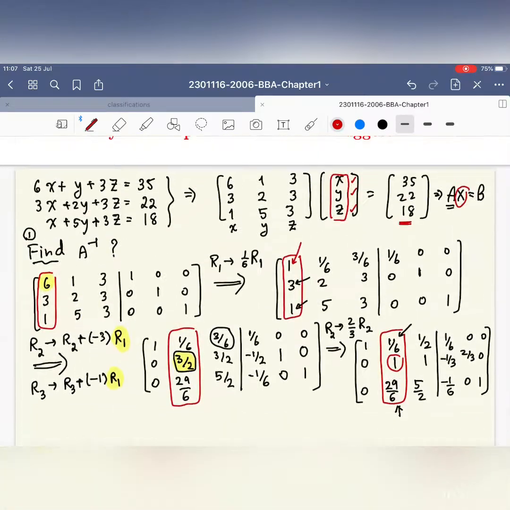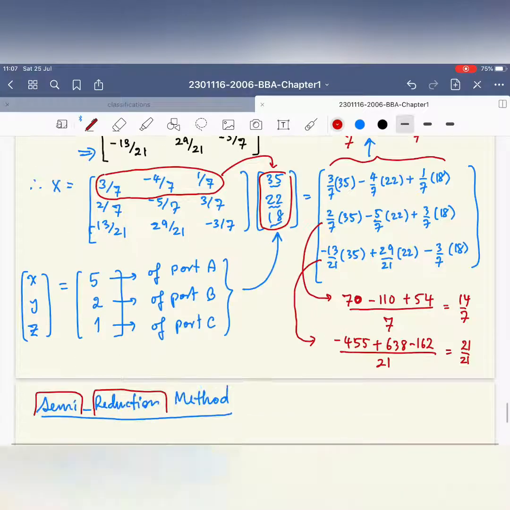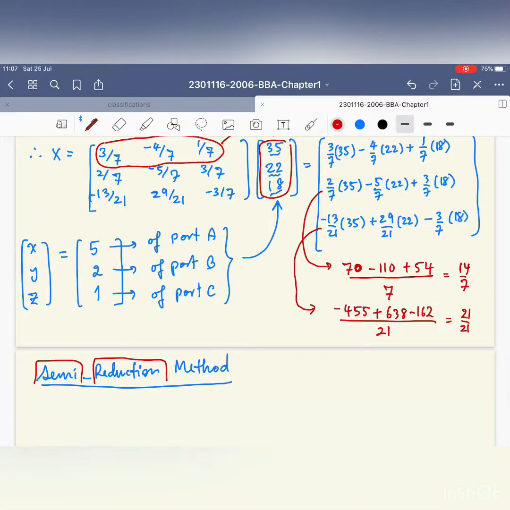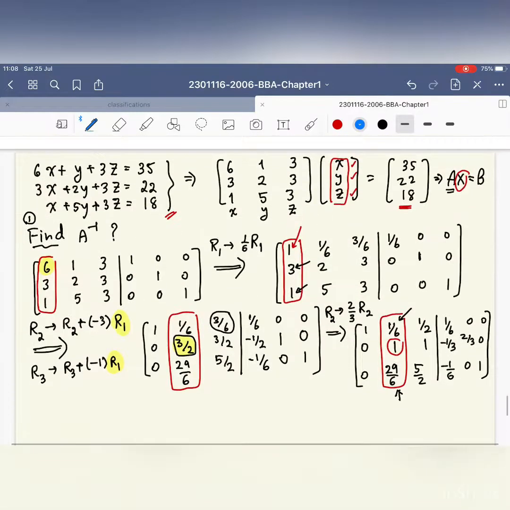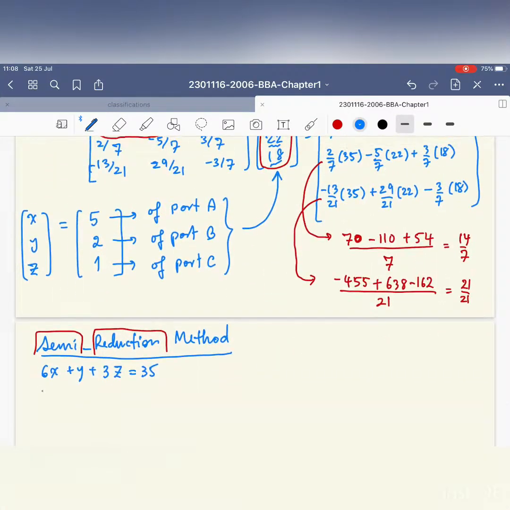This system: you have 6x, y and 3z equals 35. You have 3x, 2y, 3z equals 22.